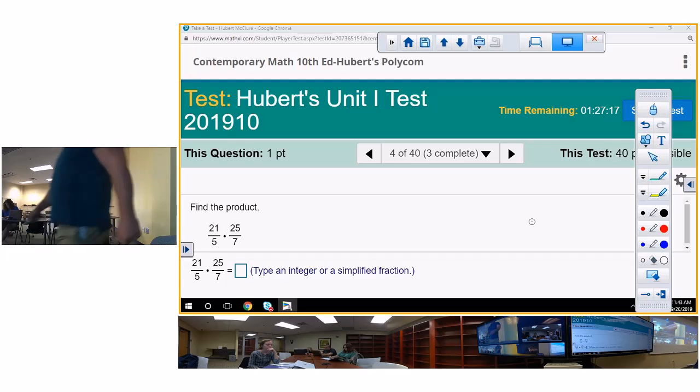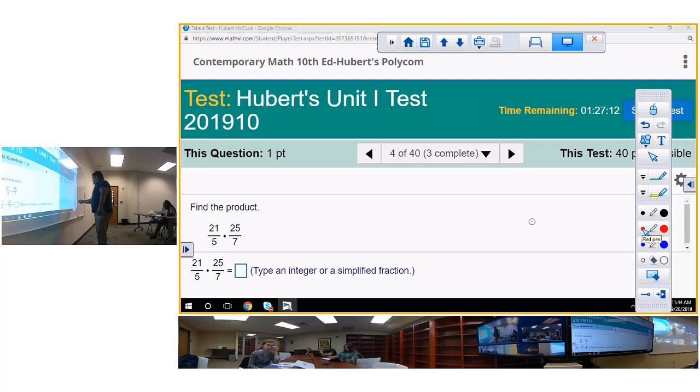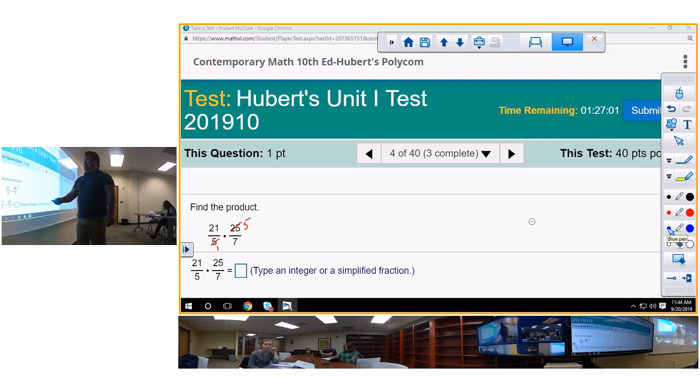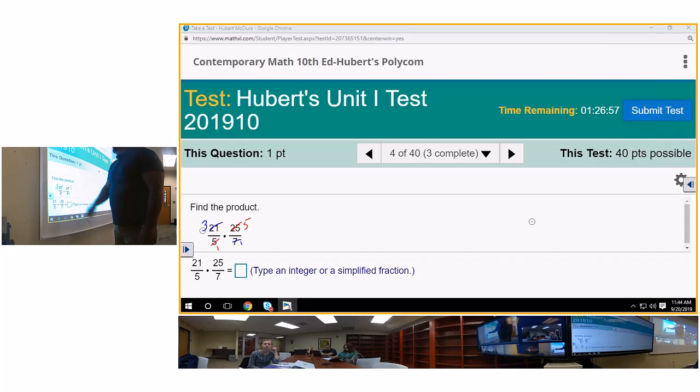So, can we cancel anything? The 3 and the 7 and the 21. So I'm going to do 1 in red. So 5 will go into 5 one time. 5 will go in there 5 times. And the 7 will go into 7 one time. And 21 3 times. What's 3 times 5? 15.